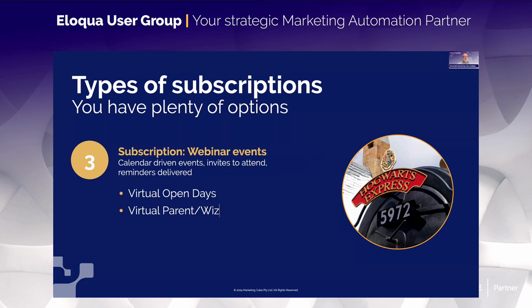So then we move to maybe a third type of subscription, which is webinar events. So this is now looking at campus day type events, but these are virtual. And again, this is something that we had done with a couple of universities in our part of the world prior to the pandemic. But certainly in that first year of 2020, it was the only option.